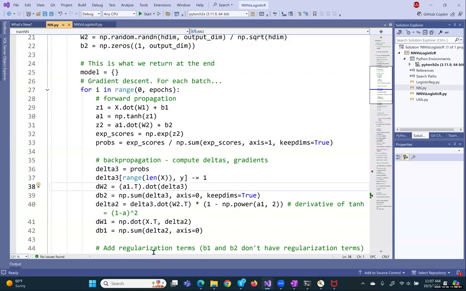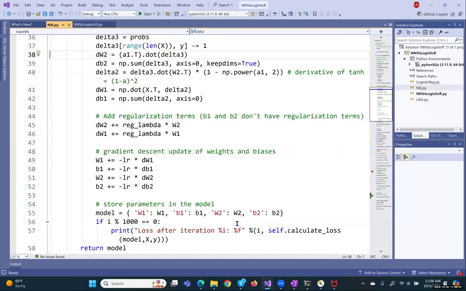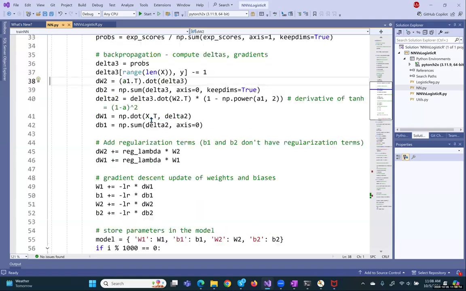DW. Okay, where did I put it? Let me try to see, where did I put it?